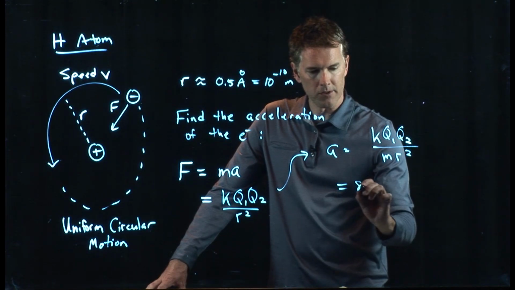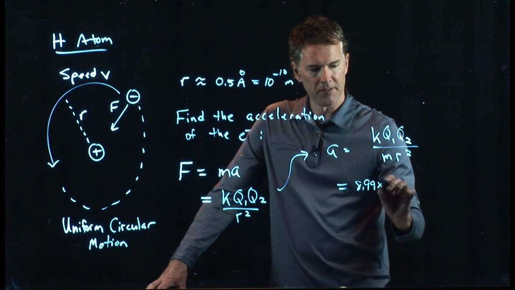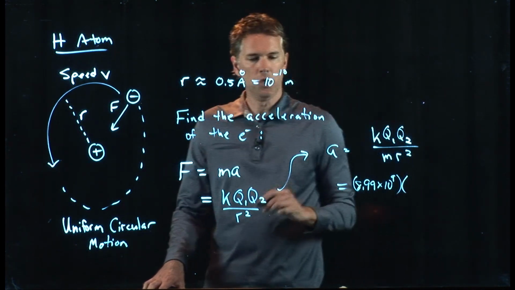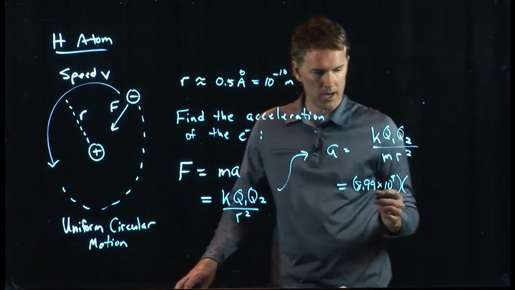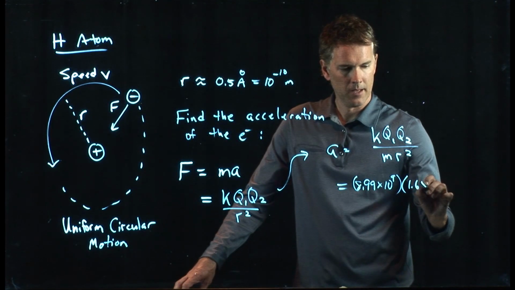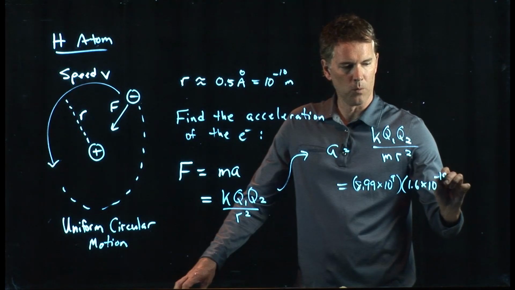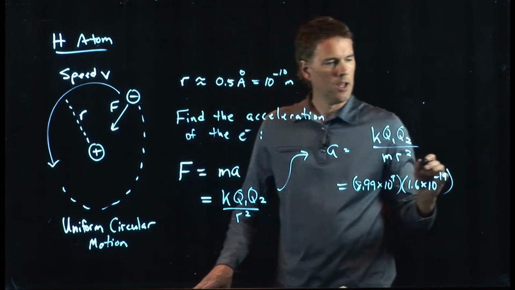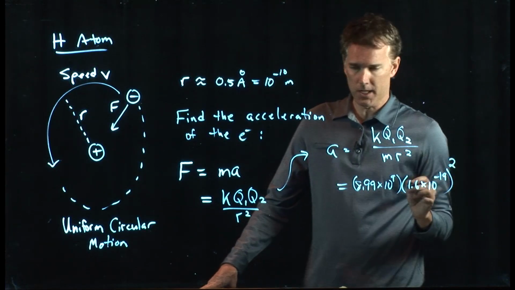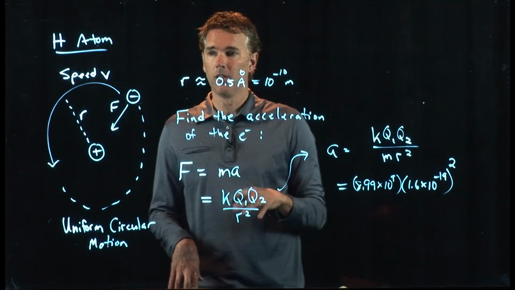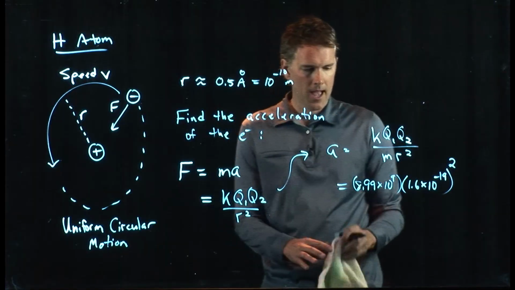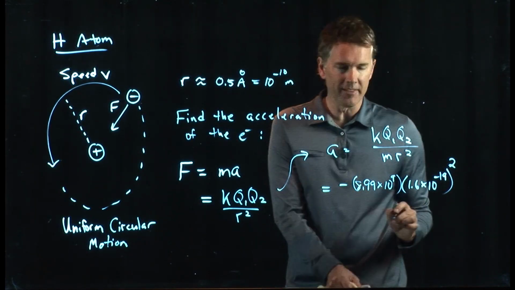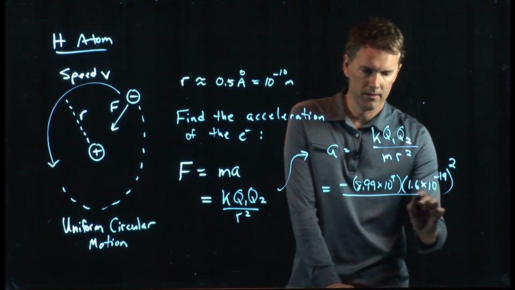We've got a K, which is 8.99 times 10 to the 9. We've got a Q1, which is an electron. An electron has charge 1.6 times 10 to the minus 19 coulombs. There's another one that's a proton, but that also has the charge of the electron. And we need to put a minus sign out in front of the whole thing because one of those is negative. The electron is negative.